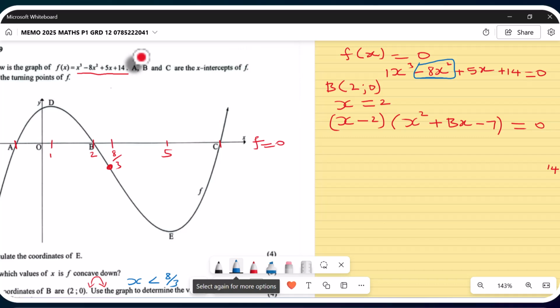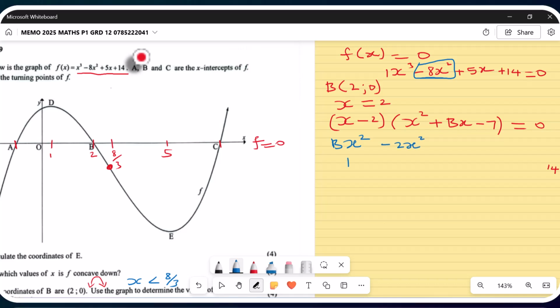So if I group them together, I can say b minus 2, then x squared. Now, if I compare coefficients here, I can see that b minus 2 equals negative 8.